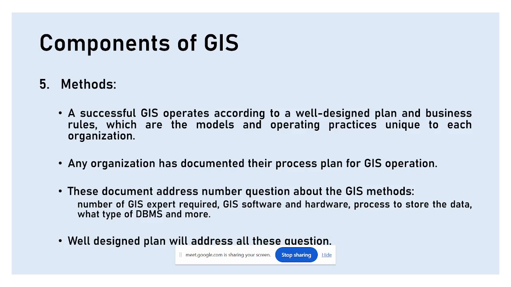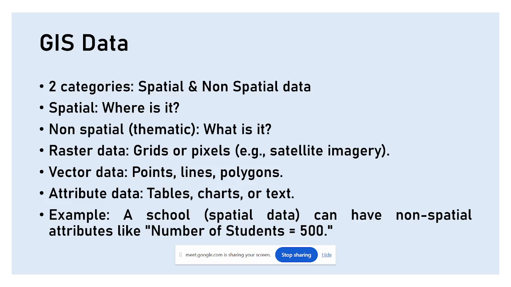As I said, you have a database management system with a ton of data, and it's not necessary that you need all the data at one particular time. So you need a plan. What do you actually need? How much information do you need? You have to plan, then integrate, and then get the output. So a well designed plan is very much required in a GIS process.